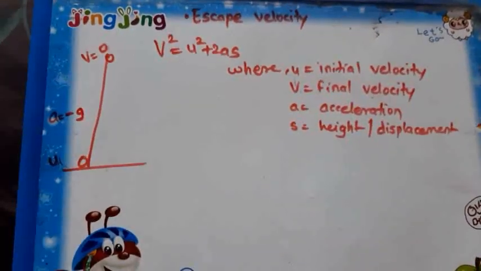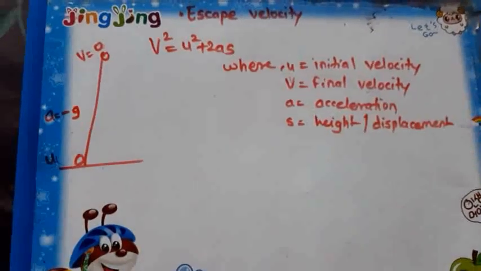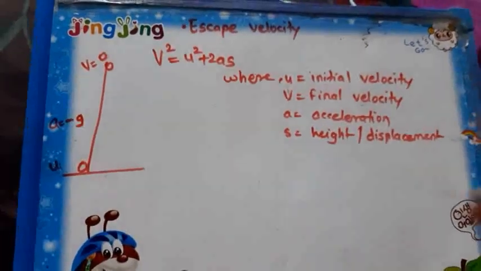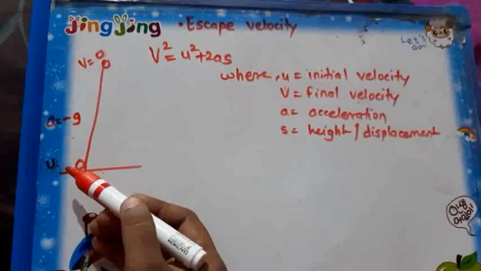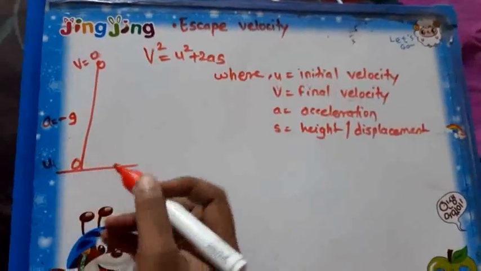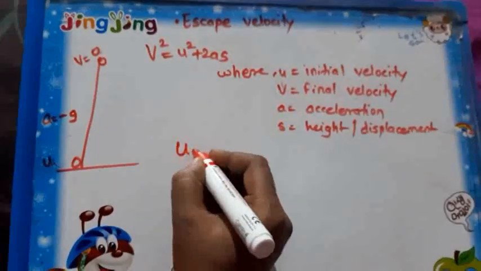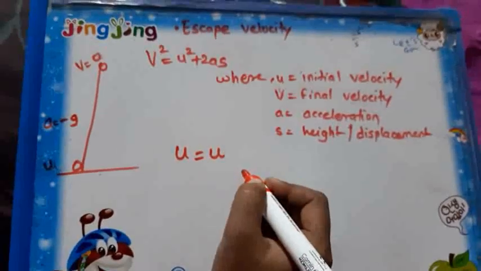So when we want any object to launch in upward direction, we are launching that with the help of some initial velocity. So for this case, u will be having some value.